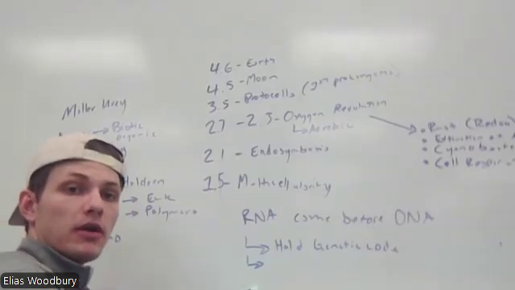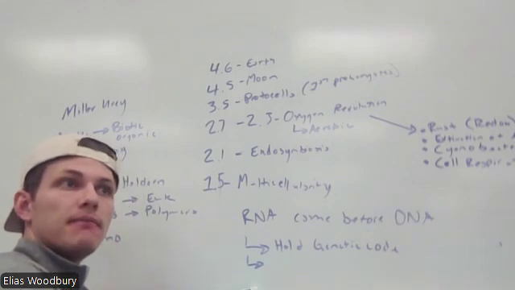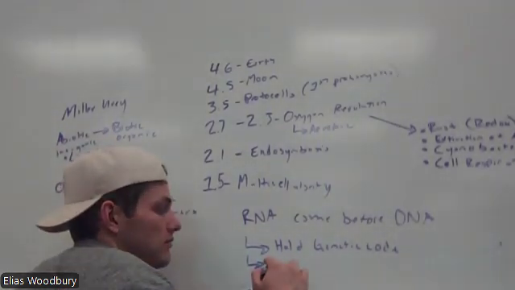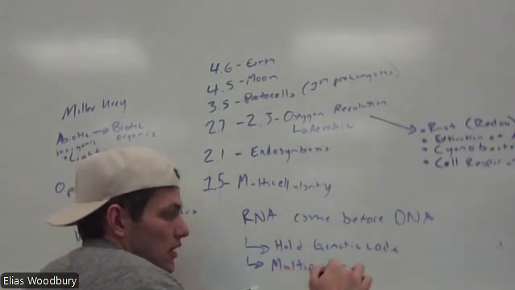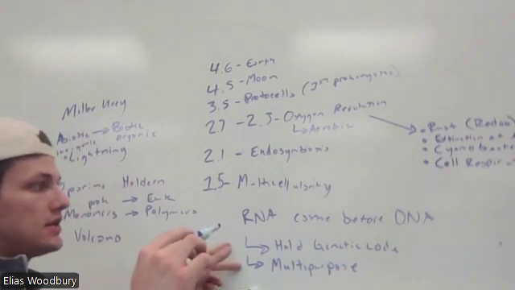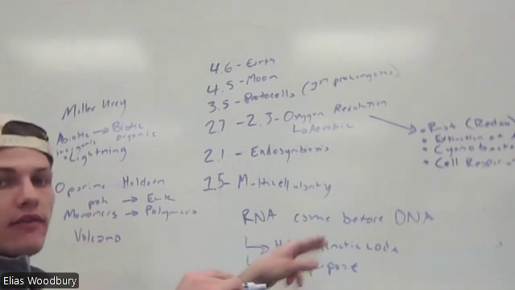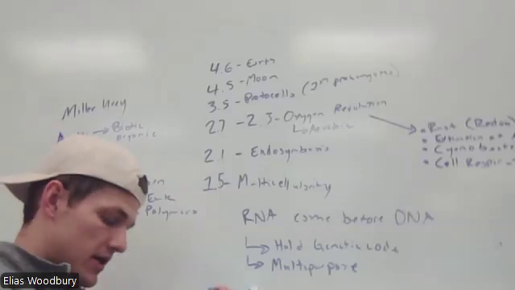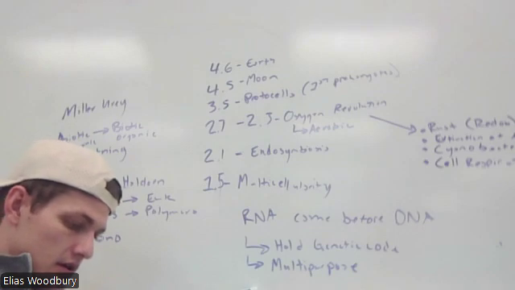It can serve multi-purpose. It can form ribosomes and proteins and stuff and kind of combine with all this other stuff. And so it is multi-purpose. And so we think that we need to have both of those things in order to actually produce life. And that's why DNA is not a great model, and RNA probably came before DNA. And those are all just kind of theories. Most of this is just theories.